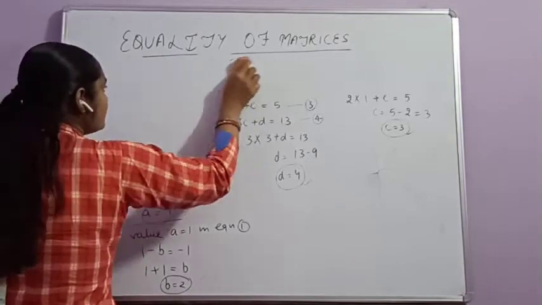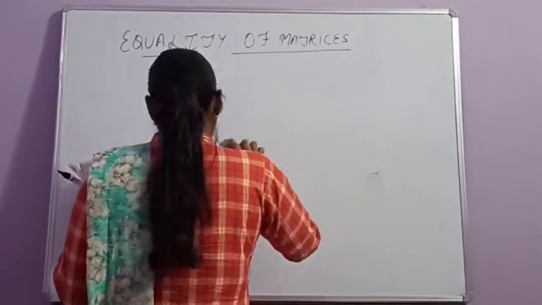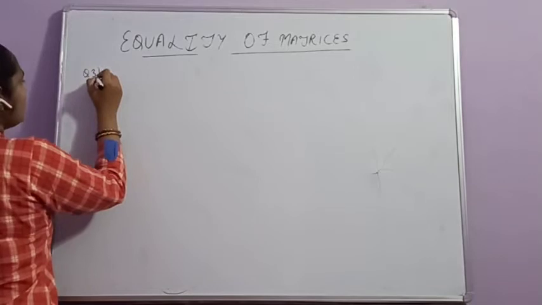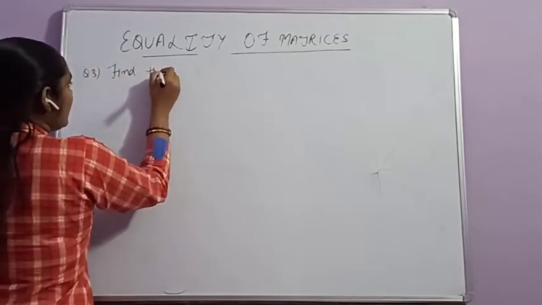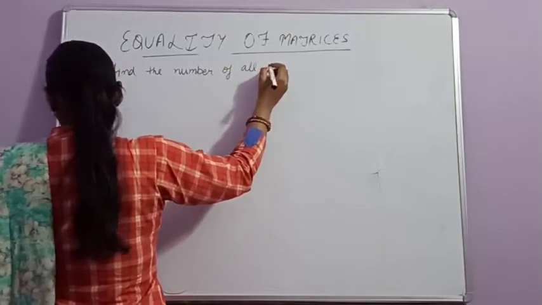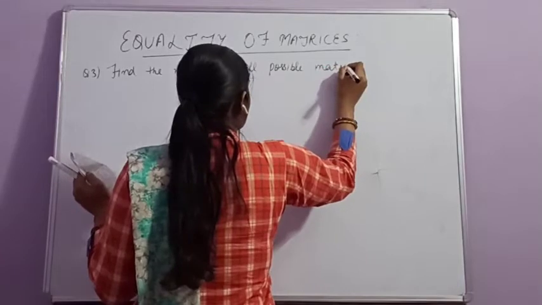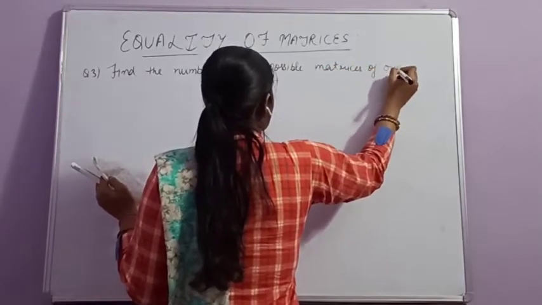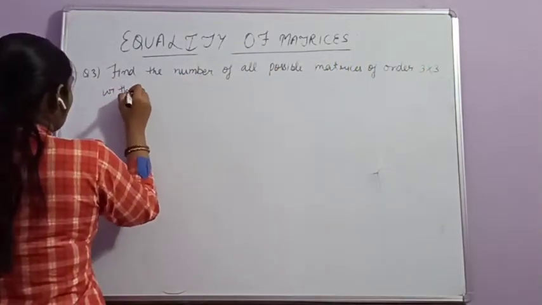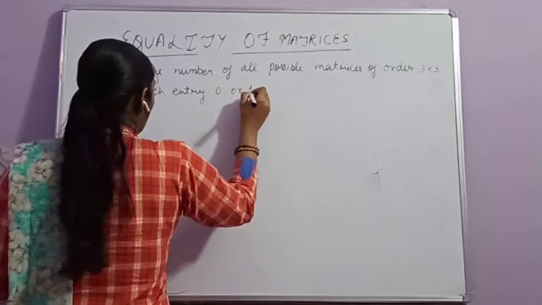Next is, find the number of all possible matrices of order 3 into 3 with each entry 0 or 1.